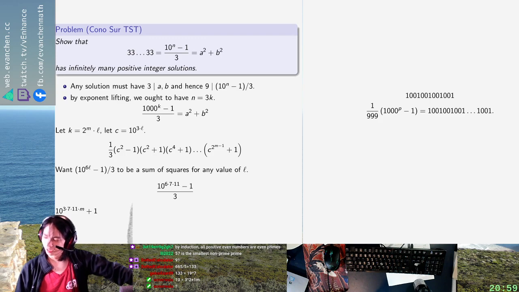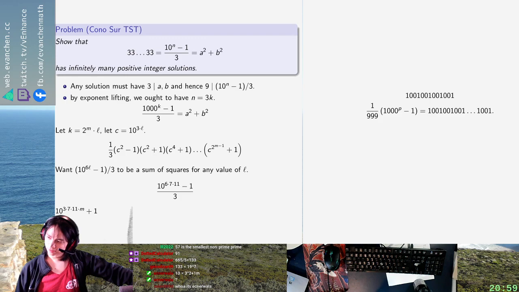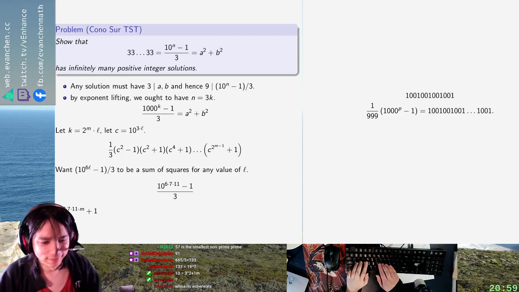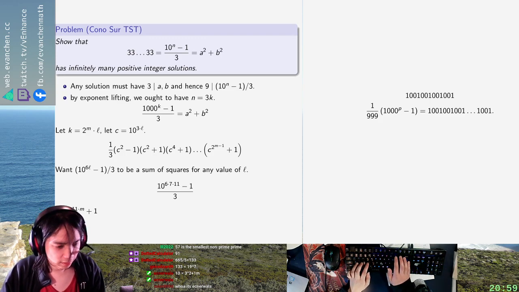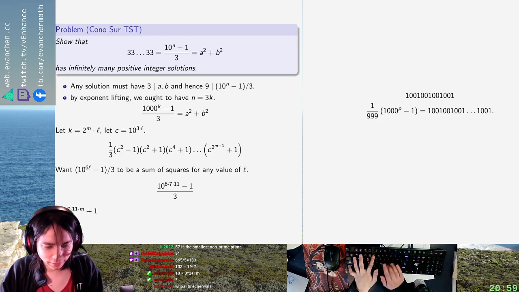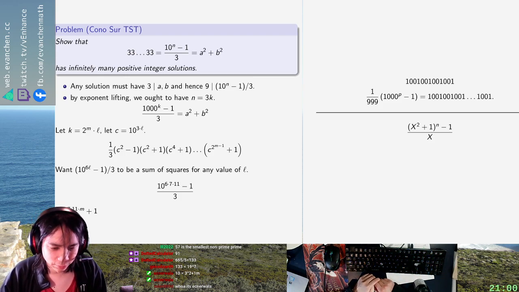Yeah, that's not a bad idea. So maybe there's something going on in general with x squared plus 1, to the n, minus 1, over x. This number being prime sometimes.